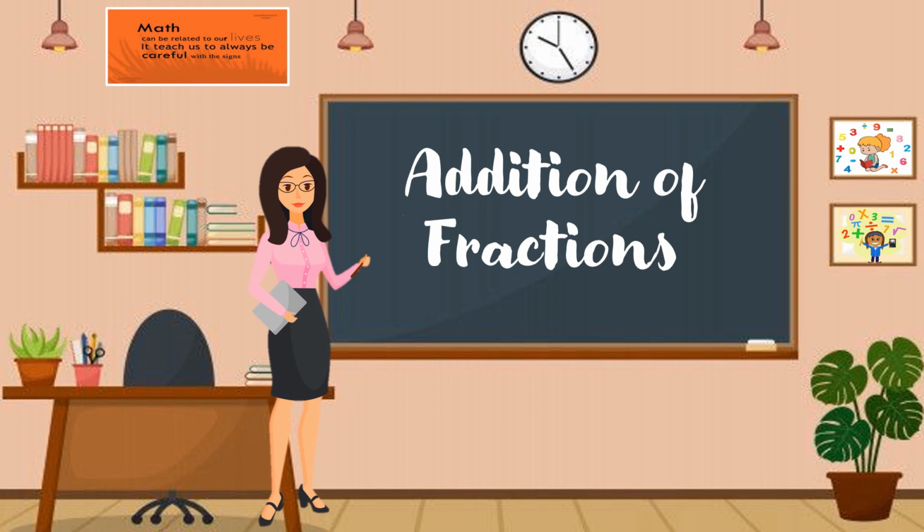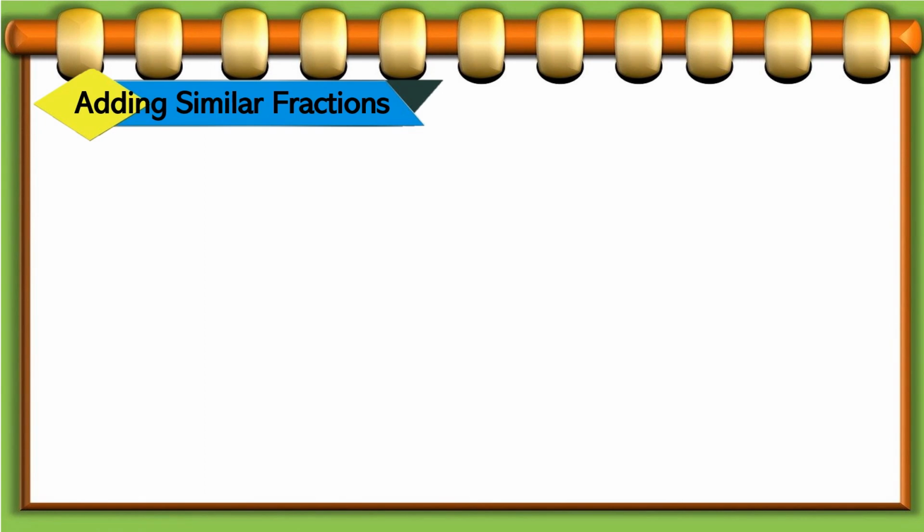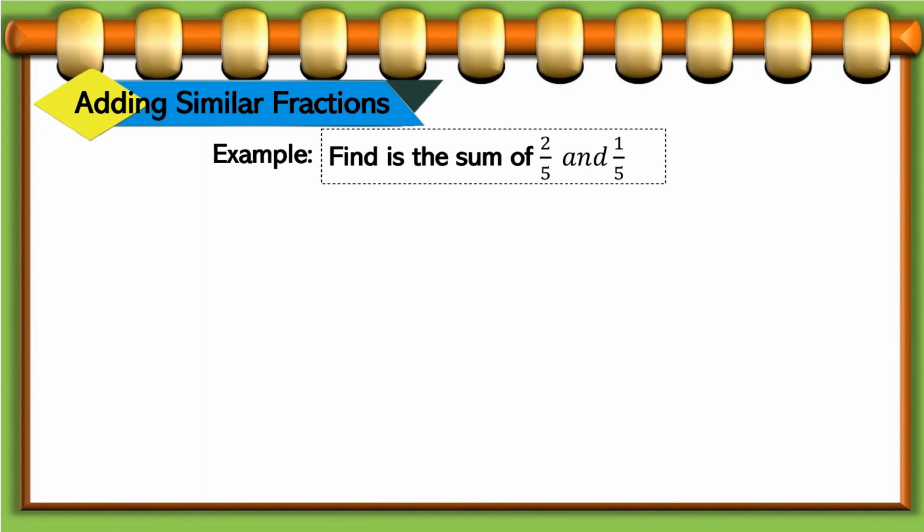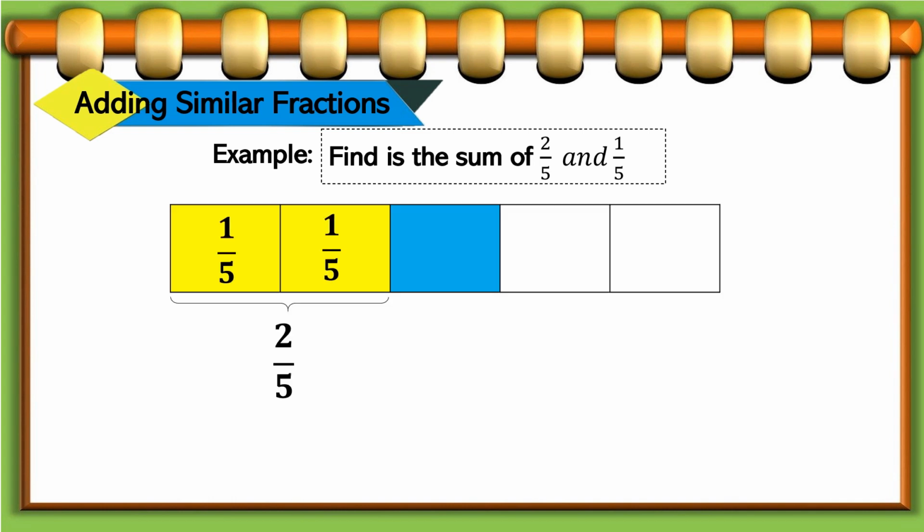After the prerequisite skills that you learned, we are going to study addition of fractions. Adding similar fractions. Example, find the sum of 2/5 and 1/5. First, we're going to visualize the two fractions. So we have 2/5 plus 1/5.